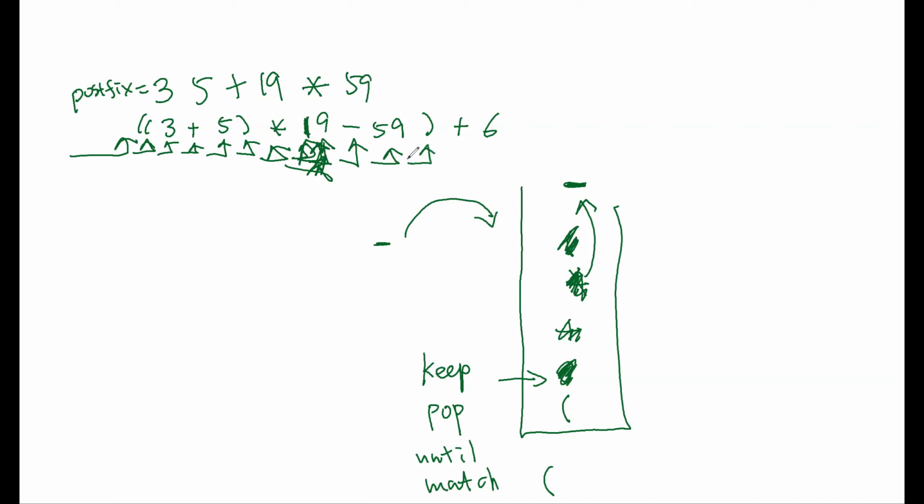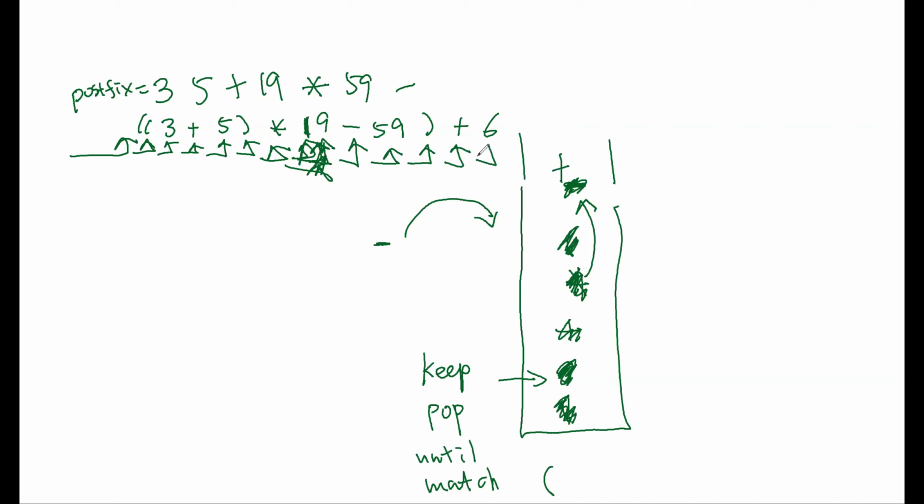Next is a right parenthesis. What should I do? Pop out and append to postfix until you find the left parenthesis. You pop it out and let it go. And next is what? The plus operator, push it to the stack. Very good.